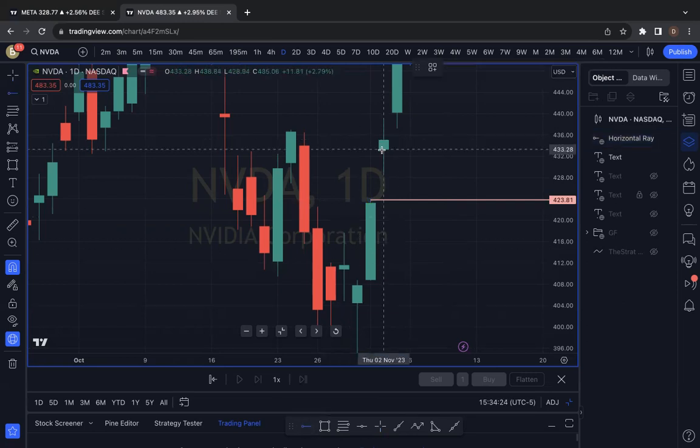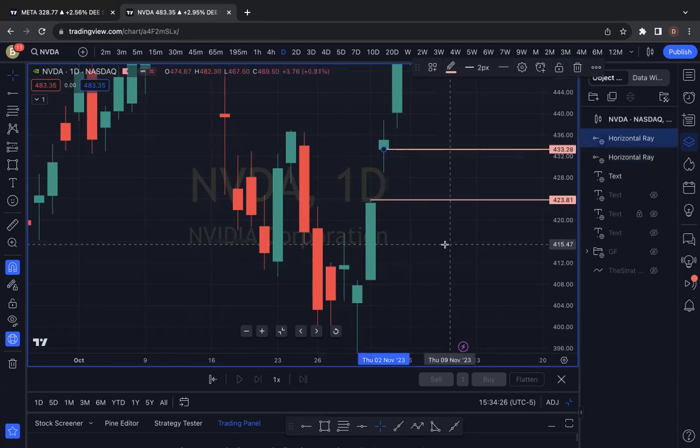Price gaps up to 433. So that means your order did not get filled, correct? That is an unfulfilled order that's sitting there. Now, us as option traders, we're probably not leaving the order to just sit there. But as stock traders, when you're setting the limit order, that might be the price that you want to pay for that stock, and anything above that is out of your price range.